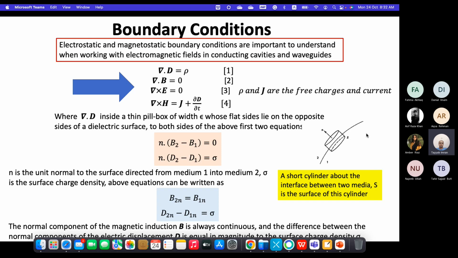Boundary conditions are very important in electrodynamics whenever we study electromagnetic waves and fields, ठीक है.